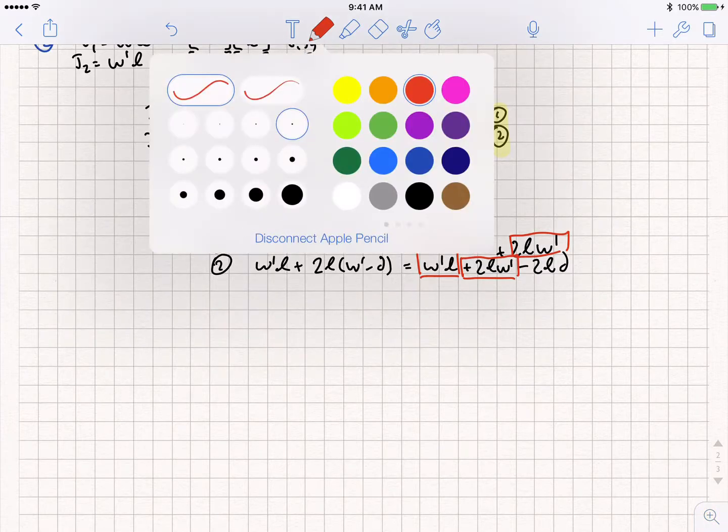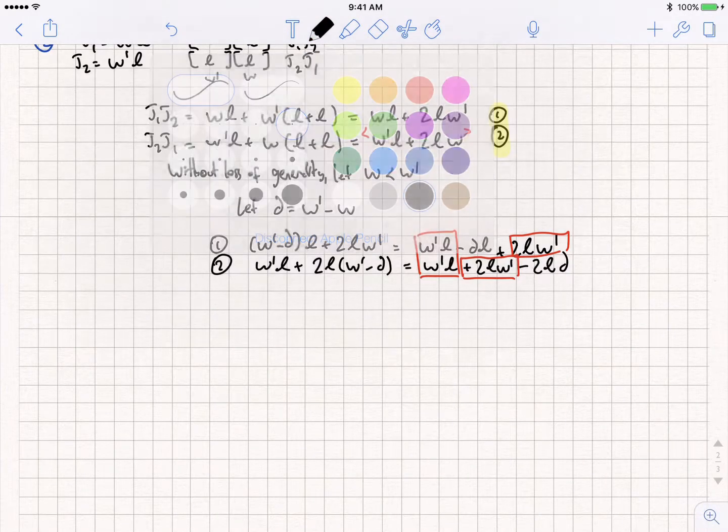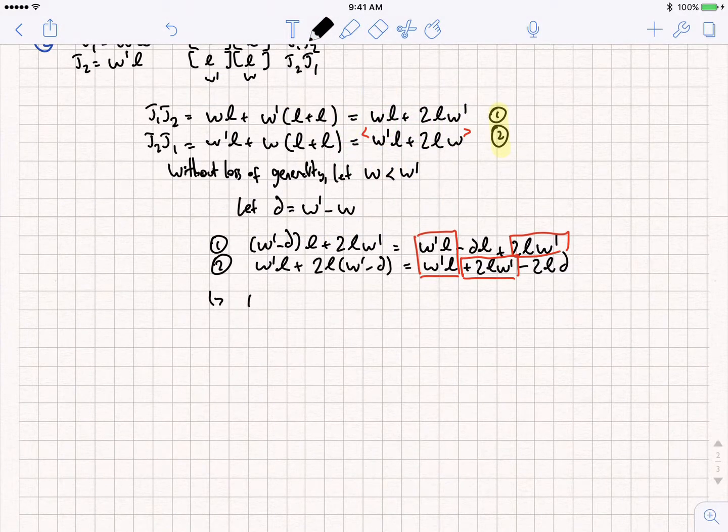So in reality, all we have is, from number 1, minus DL, and here we have minus 2DL.